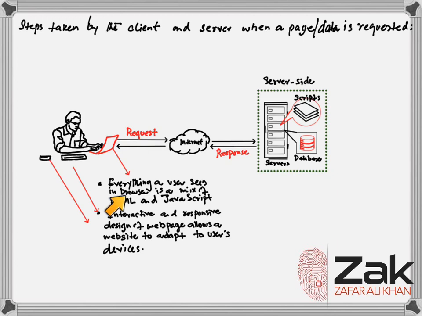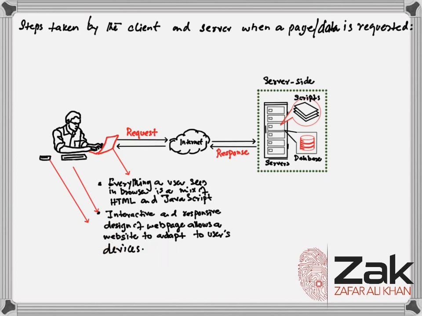So everything a user sees in the browser is a mix of HTML and JavaScript. This is with respect to our syllabus. This is not with reference to any modern website development tools. This is with reference to our own syllabus. Interactive and responsive design of the web page allows a website to adapt to the user's devices.